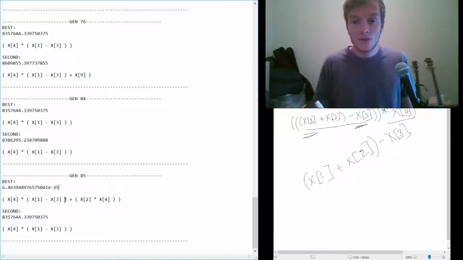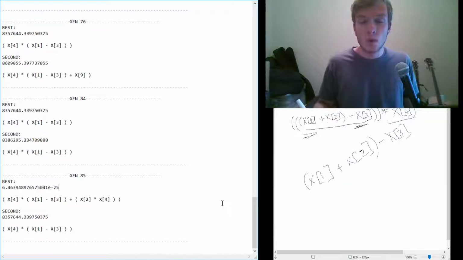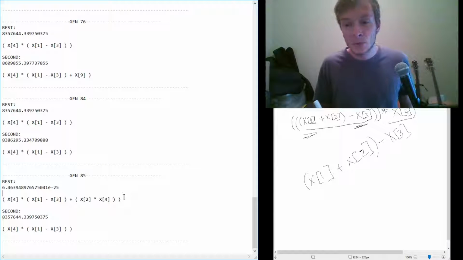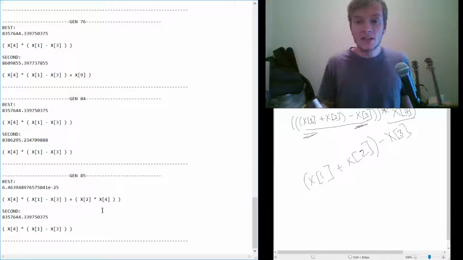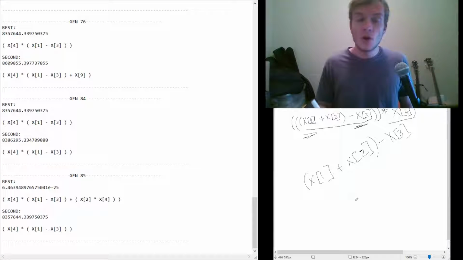Now, if you know anything about scientific notation, that is 6.46 times 10 to the negative 25. And the reason that this is actually not 0 is only because it did them in a different order. And computers, if you know about how bits work, are not exact in their floating point decimals.